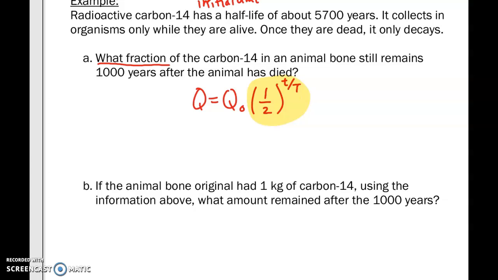If we calculate just this portion, the time is 1,000 and the half-life, according to the problem, is 5,700. I'm going to put this in my calculator.